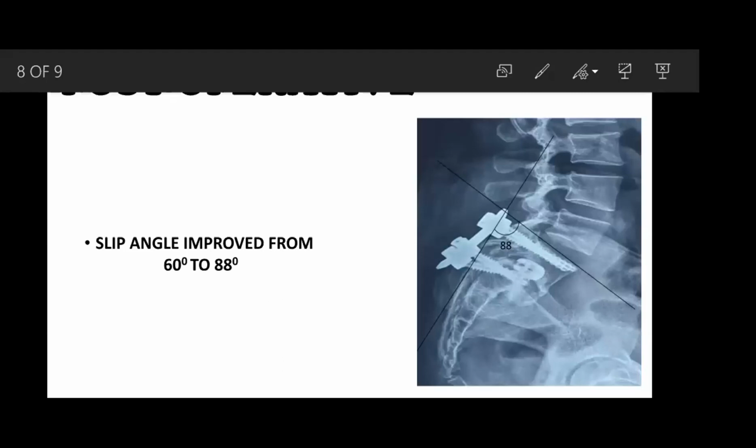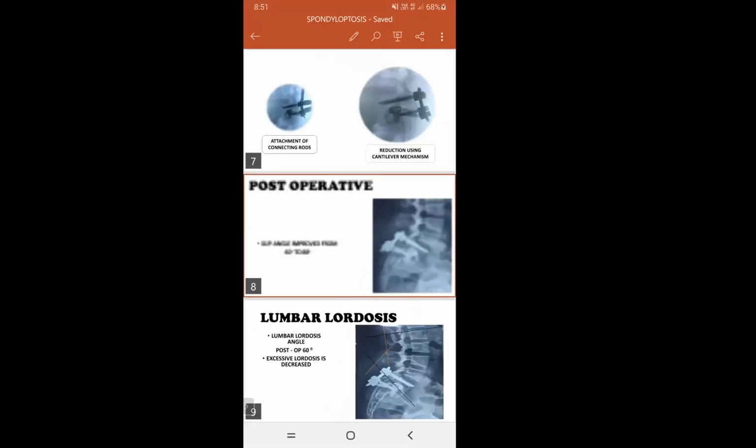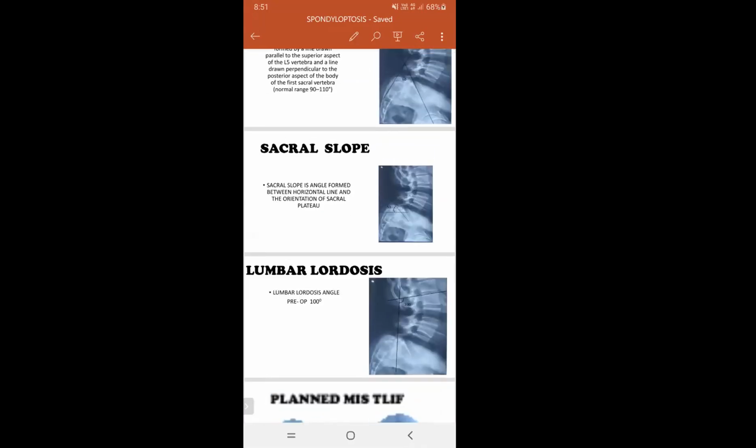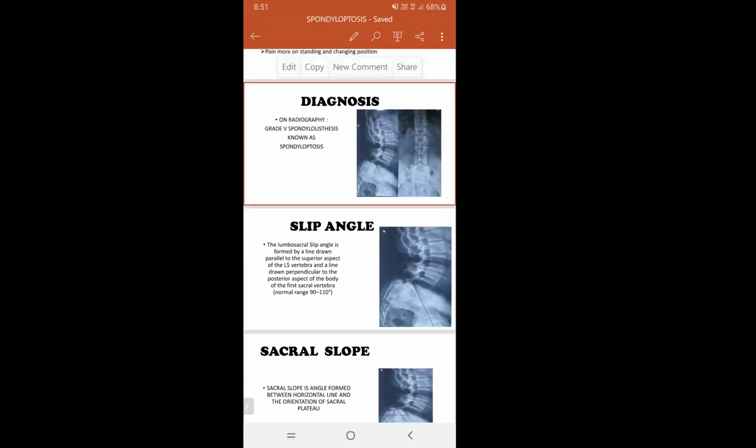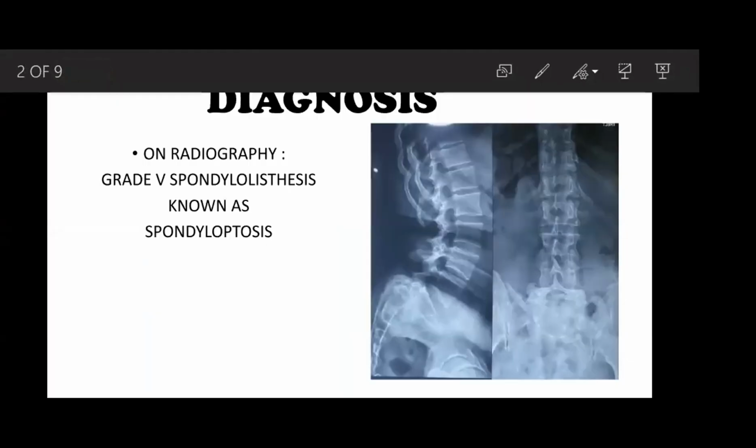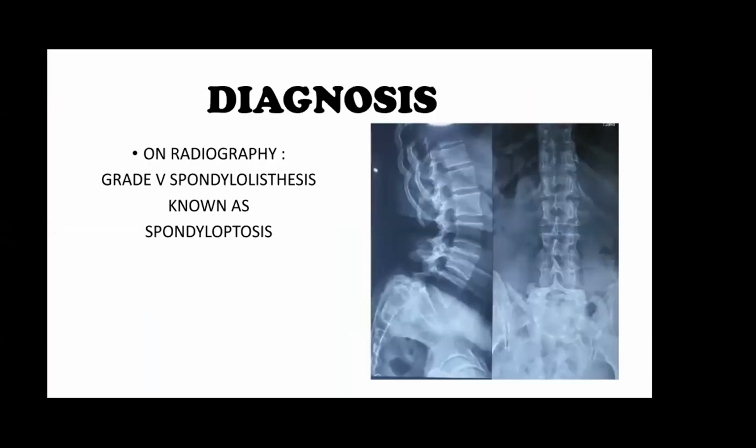The benefit of MIS in spondyloptosis is, if you see the pre-op images, Srikant, can you go back to the first image? If you do open surgery, you have to put the screw into the L5 pedicle, which is in this particular direction. If you trace it backwards, your skin incision should start somewhere here.